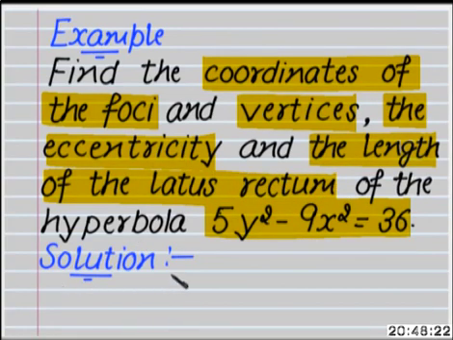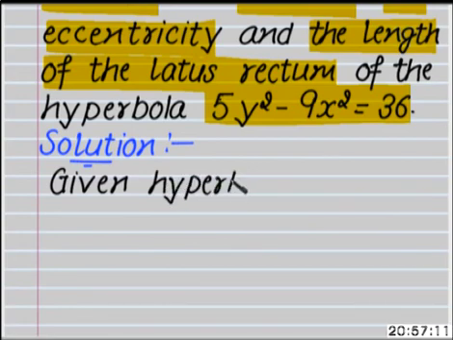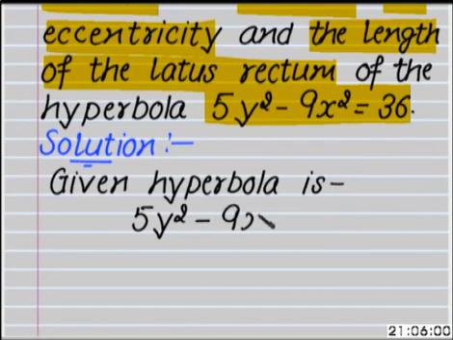Now its solution. The given hyperbola is 5y² minus 9x² equal to 36.